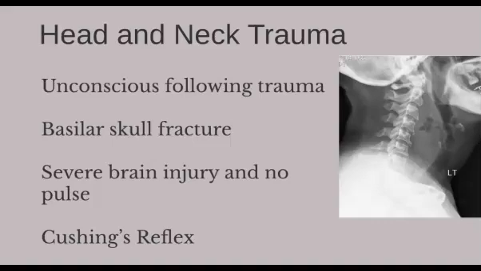Because of that increase in intracranial pressure, you're going to have irregular respirations. You're also going to have hypertension, and you're going to have bradycardia. That's basically Cushing's reflex, an explanation. The cause is a traumatic brain injury because of increased intracranial hemorrhaging. Okay.